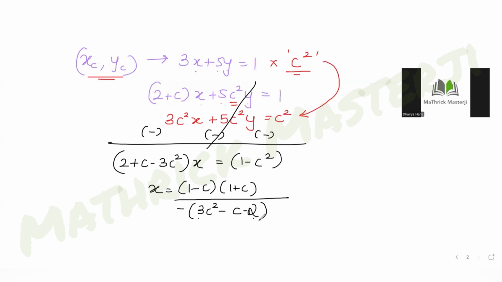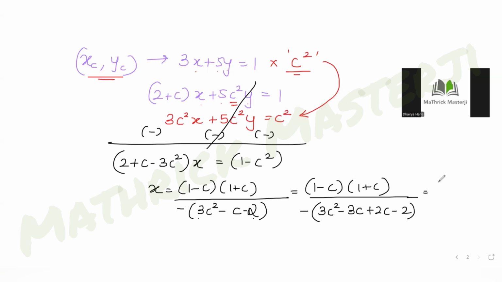If I see it is −6, and if I want −6, I can get that as (1 − c)(1 + c). Minus common, 3c² − c − 2. I can write that as 3c², and I want −c, so I can write this as −3c + 2c − 2.